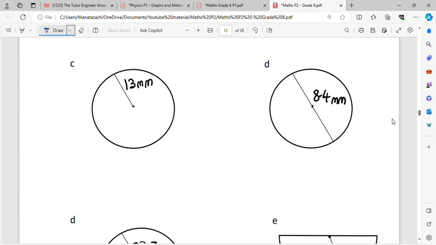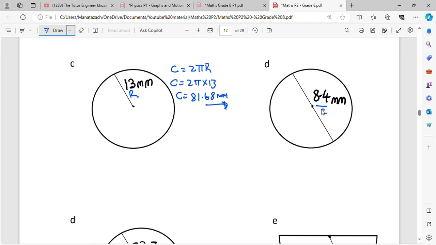Okay, so basically for question C, it's the same thing. You can pause the video and see if you can work out question C by yourself. So this is the radius. So this is the diameter.